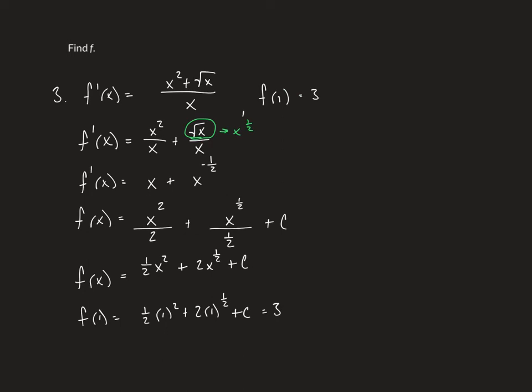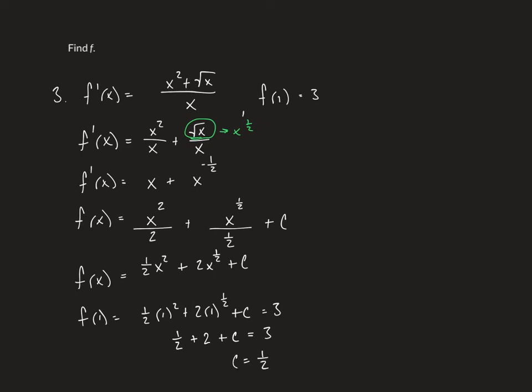And now I can go through the process of solving this. It's lucky that we've been given an initial condition with a value that's so easy to work with, because 1 to any power is itself. So 1 squared times 1/2 is going to be 1/2, plus this is going to turn out to be 2, plus c equals 3. All right, so I'm going to want to subtract the 2 and 1/2 from the other side, and I'm going to end up with c equals just 1/2, right?